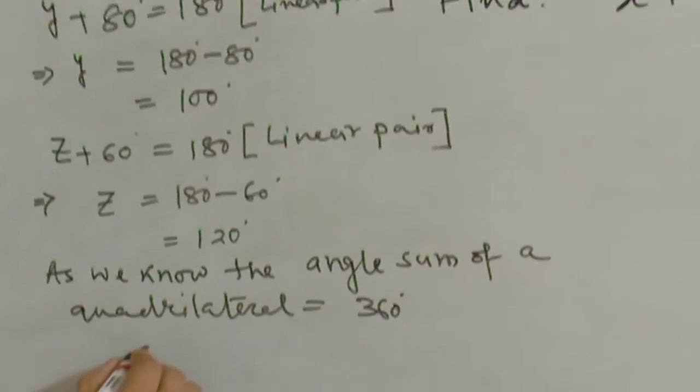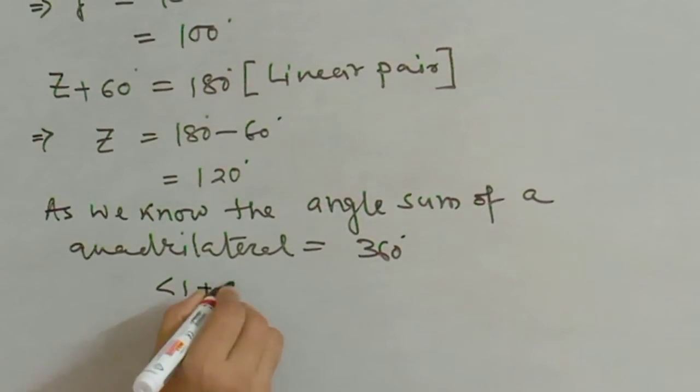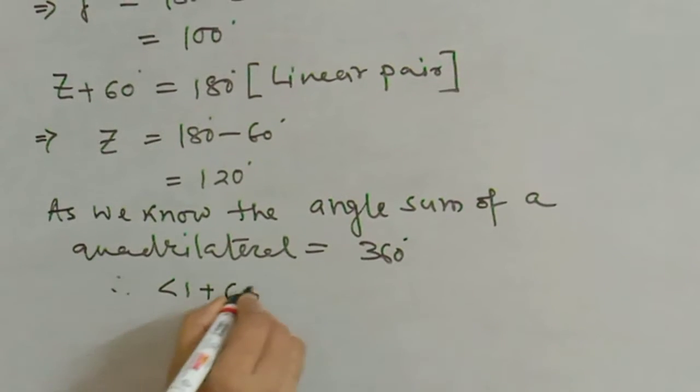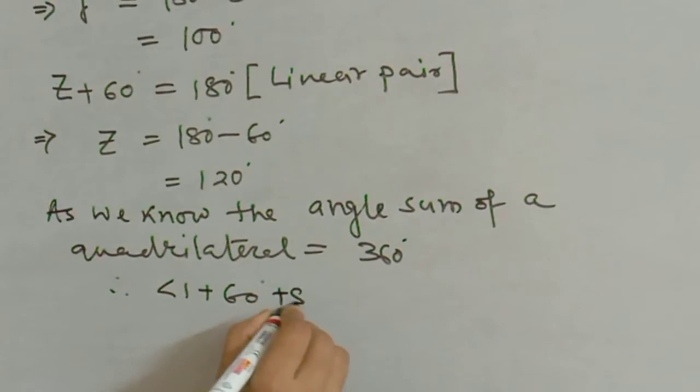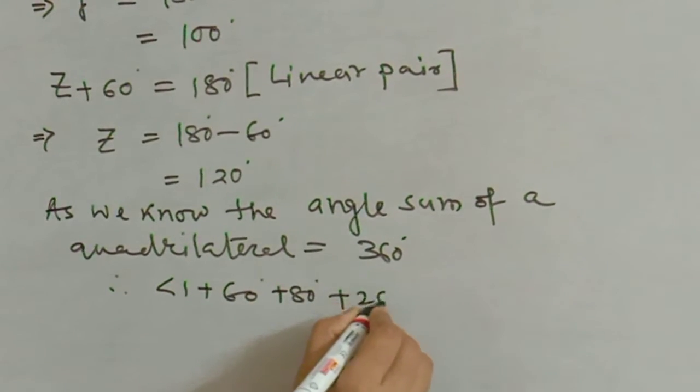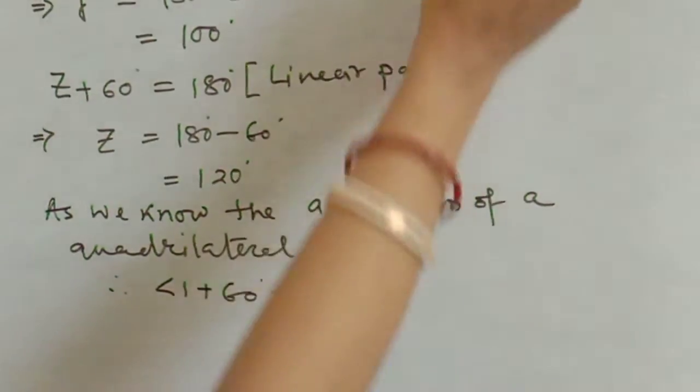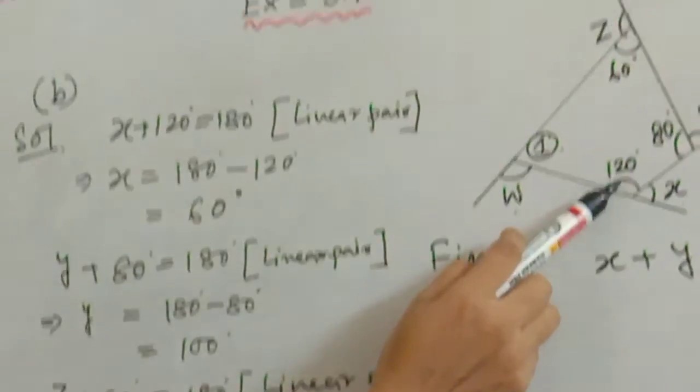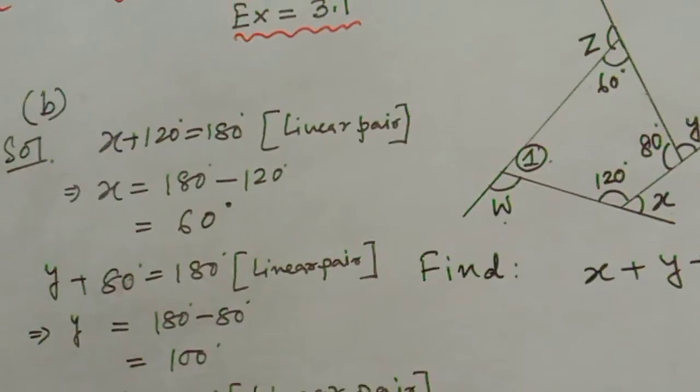Now angle 1 plus 60 plus 80 plus 120, all the angles are given here. 60 plus 80 plus 120 plus angle 1 is equal to 360 degree.